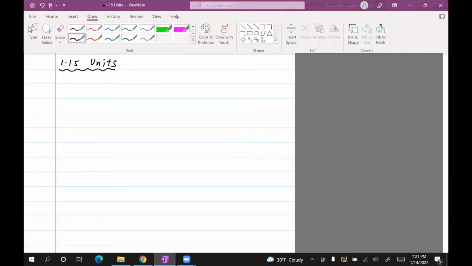Okay, so when we talk about units, there are some base units. Typically, in the SI system, they are for mass, for length, and for time.